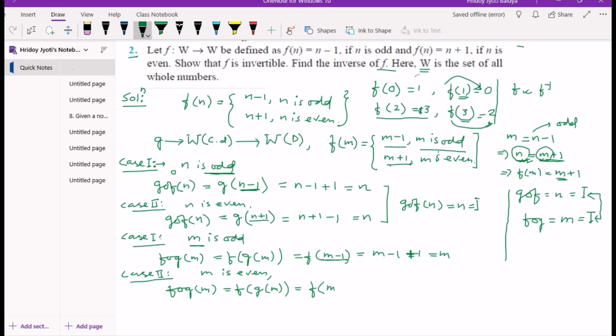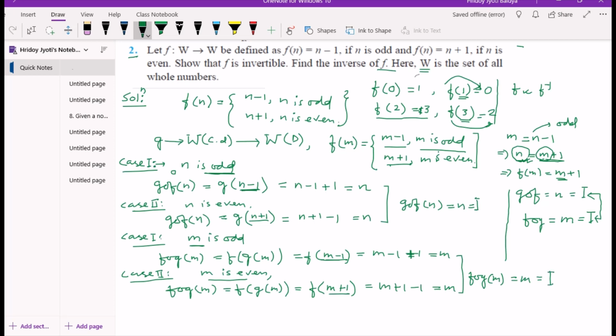Now we need to understand this again. m is even, so m plus 1 will be odd. So f of odd is n minus 1, so m plus 1 minus 1 is equal to m. So in this case also, in both the cases, we have got f of z of m is equal to m, which is nothing but the identity function.